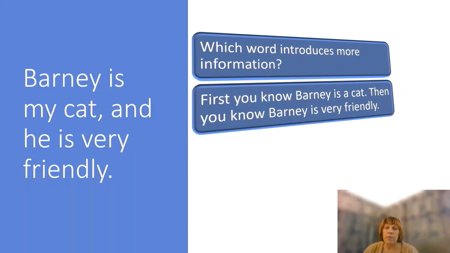Well, if the sentences are the ones on the left, first of all, you know Barney is a cat. That's the first information. The extra information, more information, is that Barney is very friendly. So what word introduces more information? Yes, it's the word and.